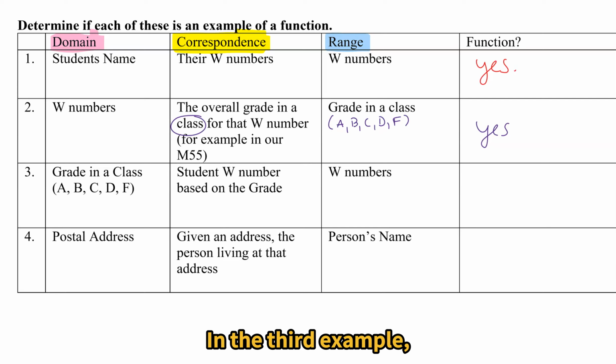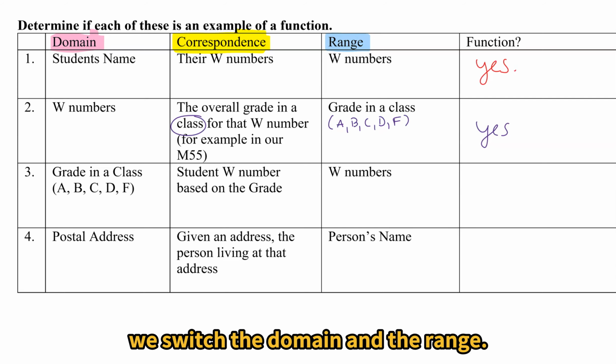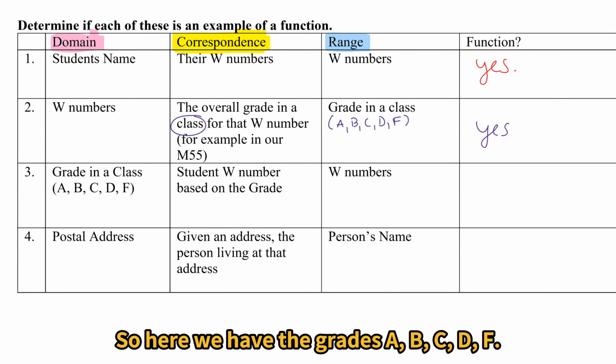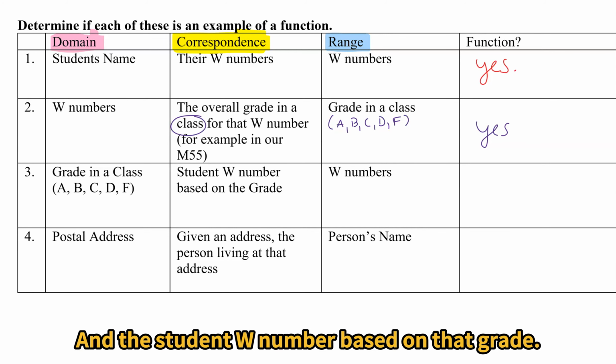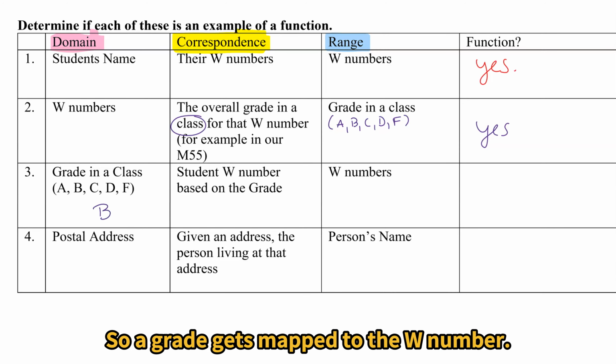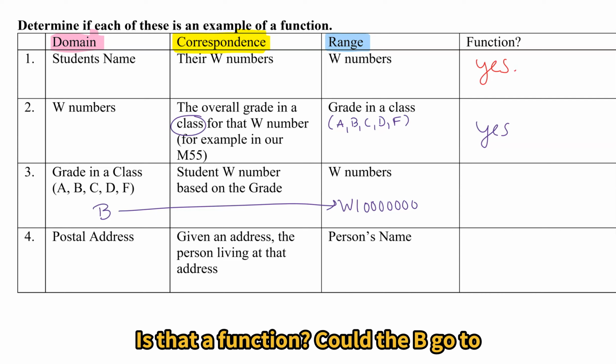In the third example, we switch the domain and the range. Is that a function? So here we have the grades A, B, C, D, and F, and the student W number based on that grade. The grades are going to map to the W numbers. So a grade gets mapped to the W number. Is that a function?